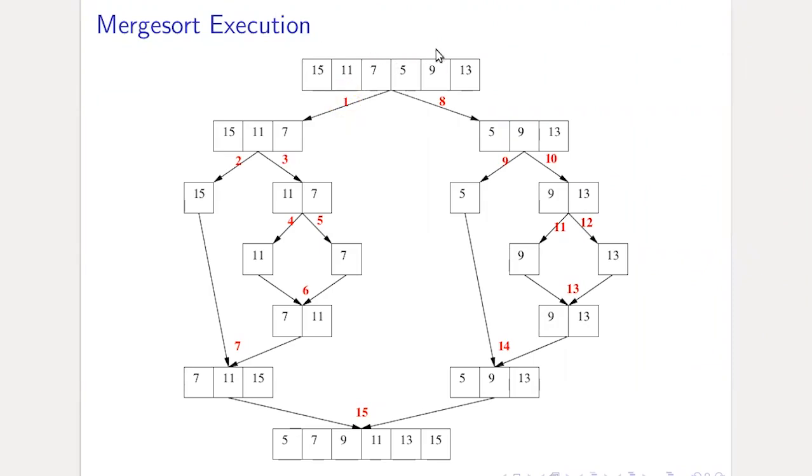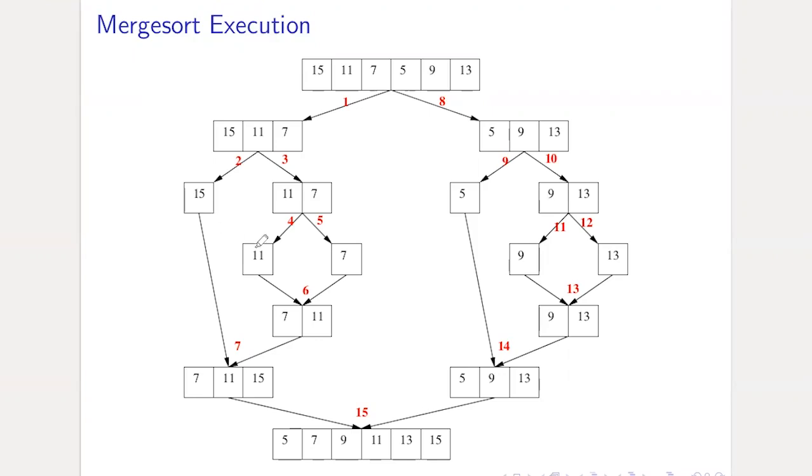So the original array gets partitioned into a left and right. And if you take the left hand side, it gets partitioned again into two parts. So the left is 15 and the right is 11 and 7. Then that gets partitioned. As given in the algorithm, they get partitioned until a sublist is just one element.